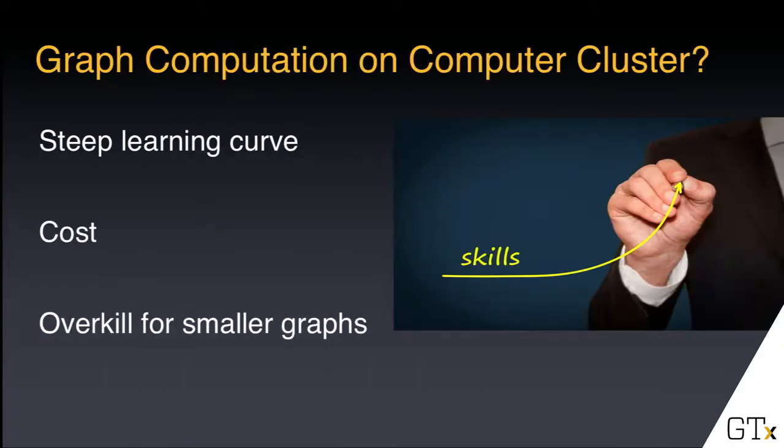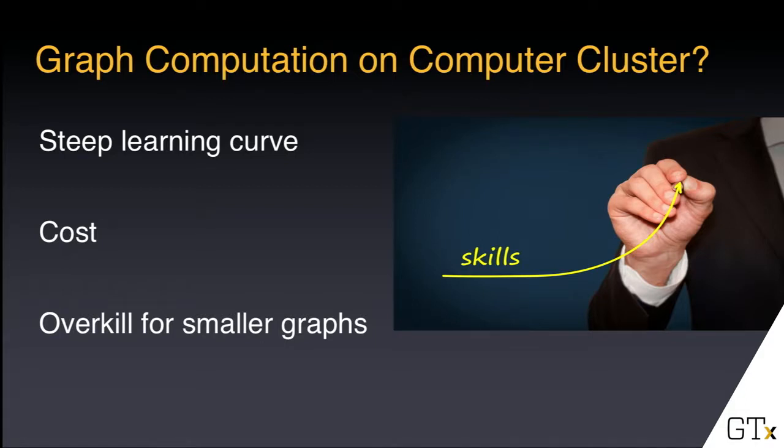The problem that MMap looks at is to figure out, is it always necessary to use a computer cluster to do graph computation? The main reason to look at this is because using a computer cluster often involves a steep learning curve. It's not something as easy as just switching a language. You also need to learn about the hardware characteristics, how to allocate enough RAM, and so on.